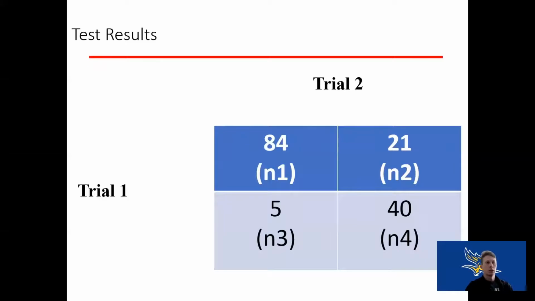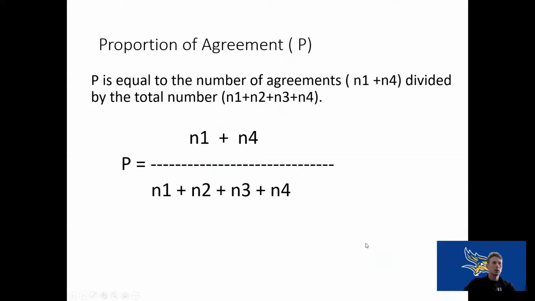So if we look at these in trial 1, trial 2, we have pass-pass, pass-fail, fail-pass, and fail-fail. Now we plug this into our equation for the proportion of agreement.